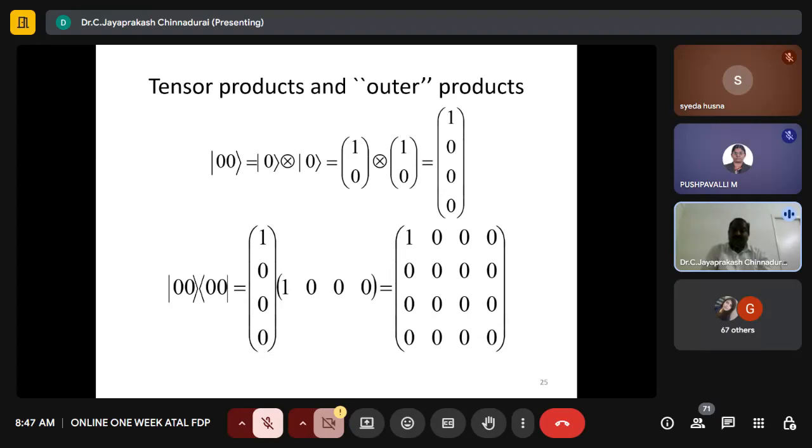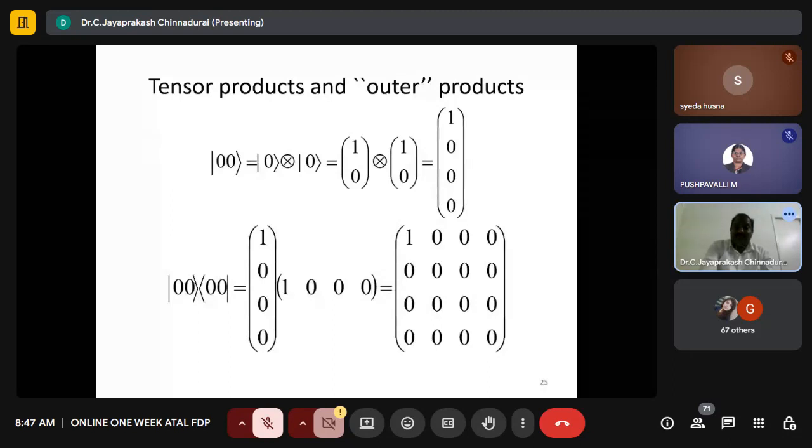If we take the product of these two, ket of 00 and bra of 00, we get the output in matrix form. We have 1 0 0 0, 0 0 0 0, and so on, and finally 0 0 0. Like that we can get the output. This is the tensor product and outer product.